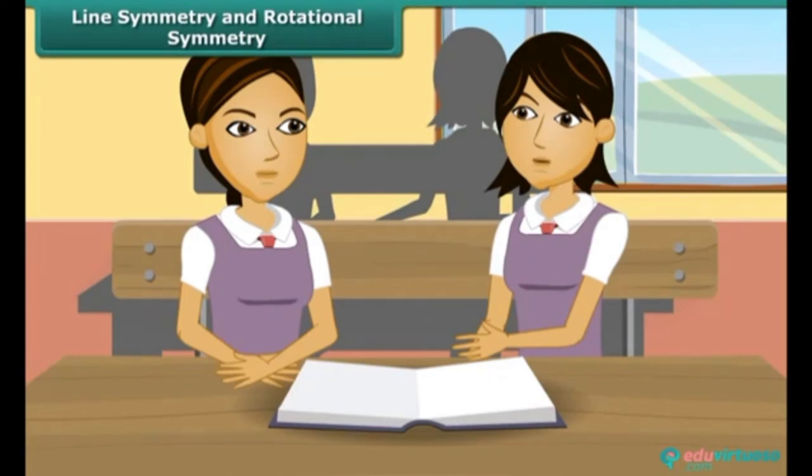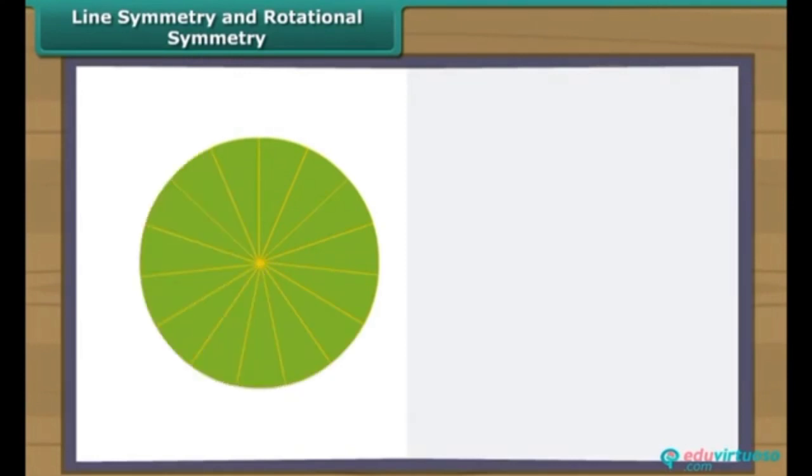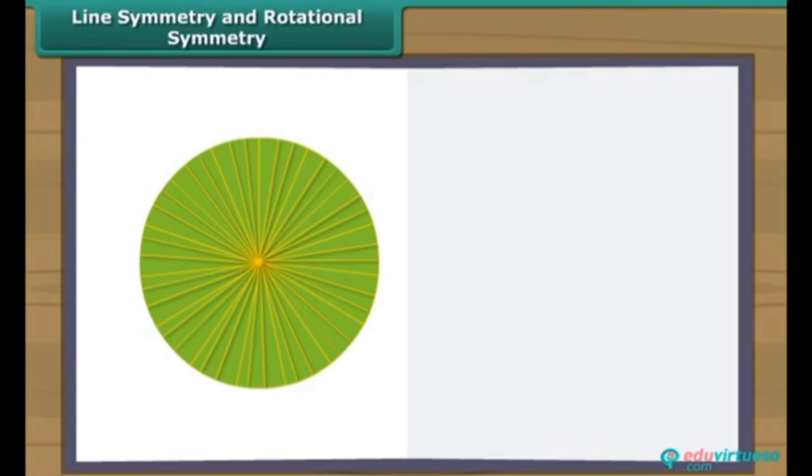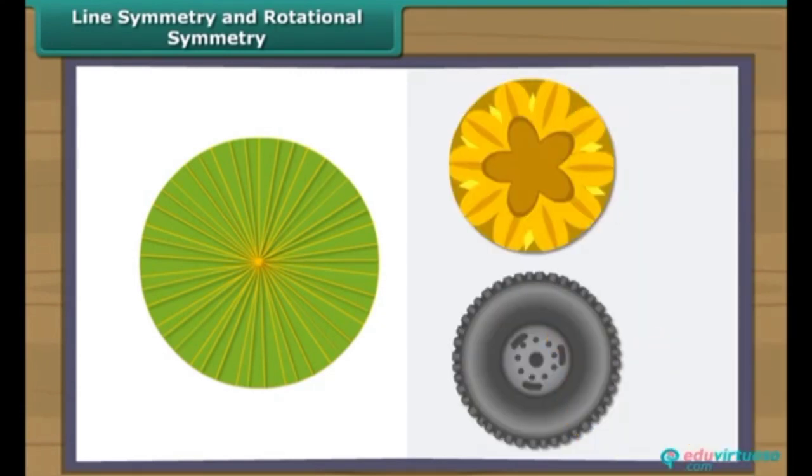Yes, the circle is the most perfect symmetrical figure. It can be rotated around its center through any angle, and at the same time, it has an unlimited number of lines of symmetry. Observe these circle patterns. Every line through the center forms a line of symmetry and it has rotational symmetry around the center for every angle.